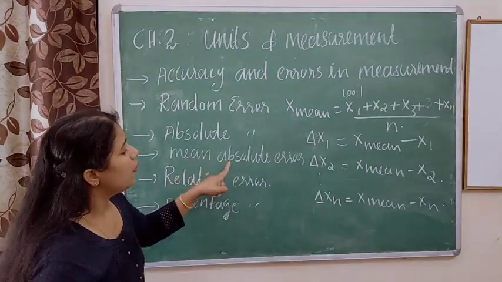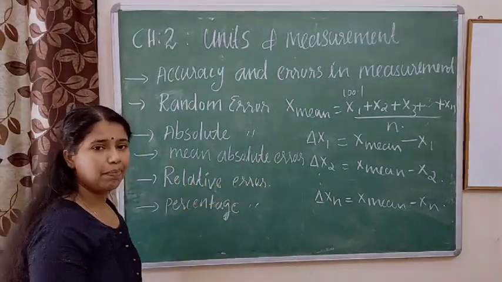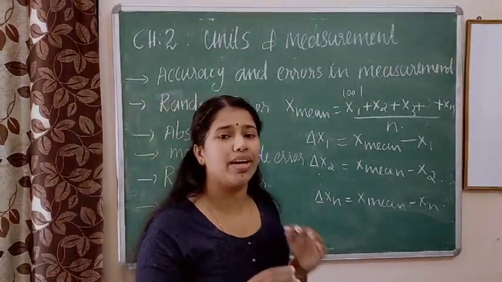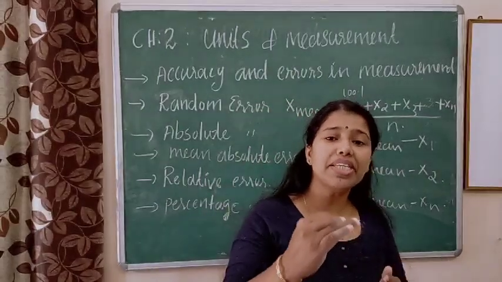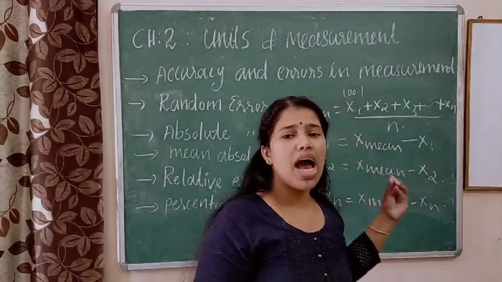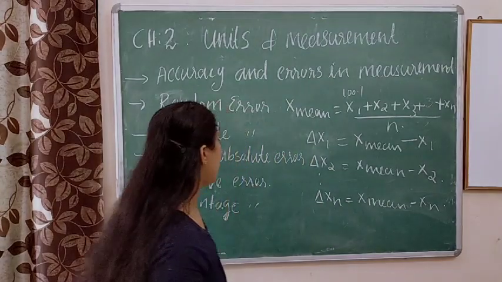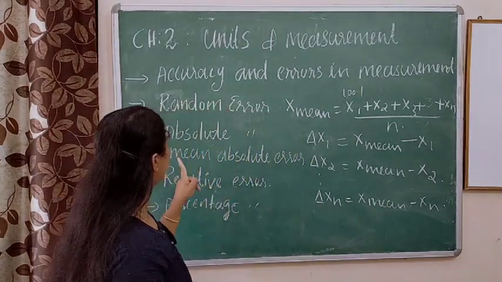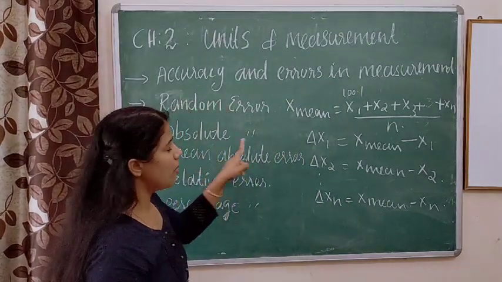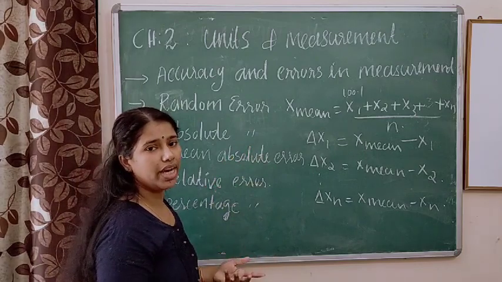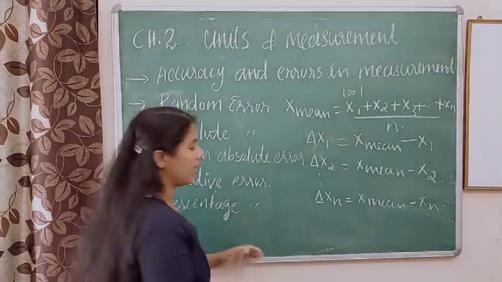Then third one, mean absolute error. Mean means the arithmetic mean of absolute errors. How to calculate?